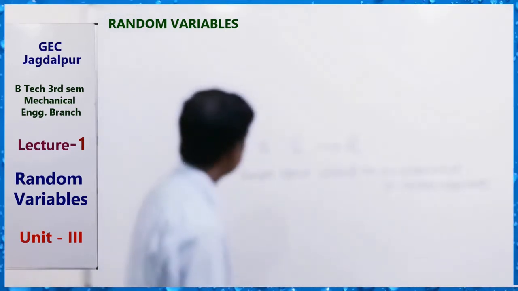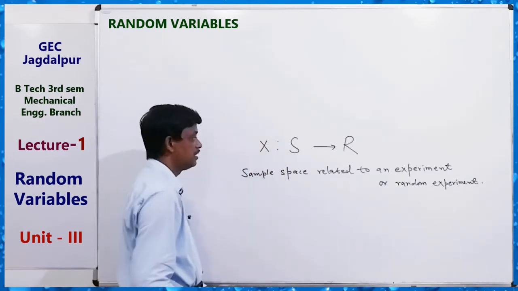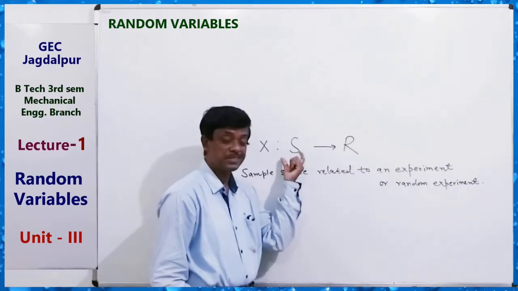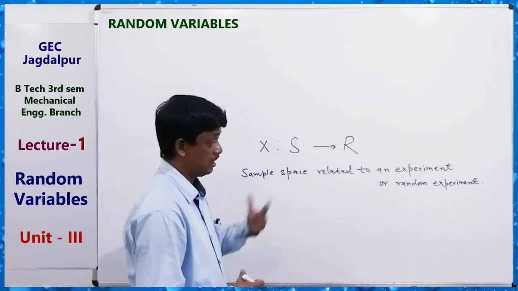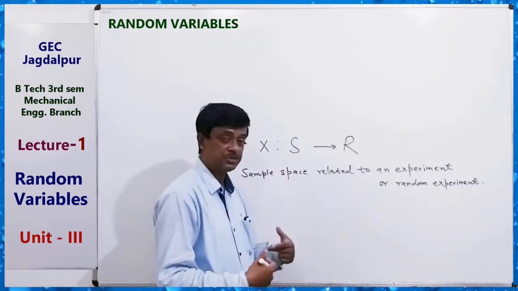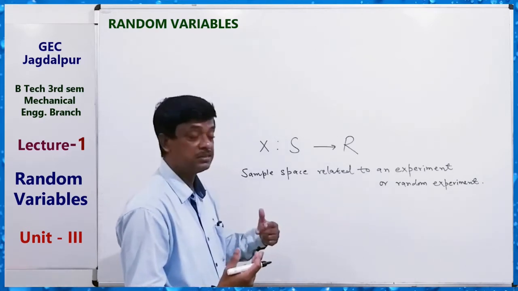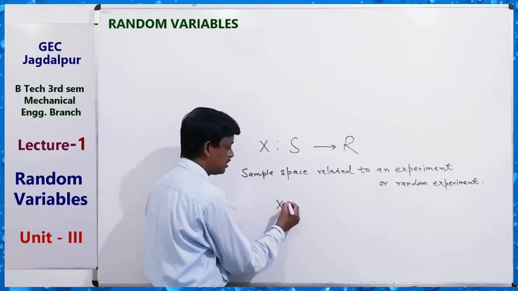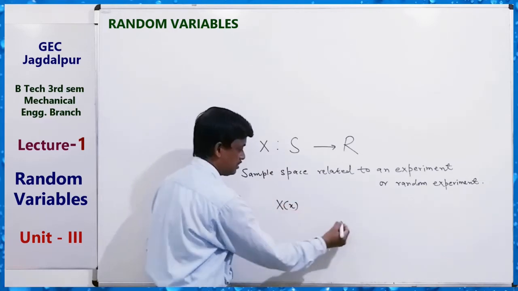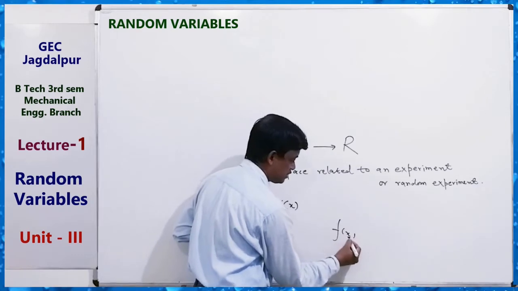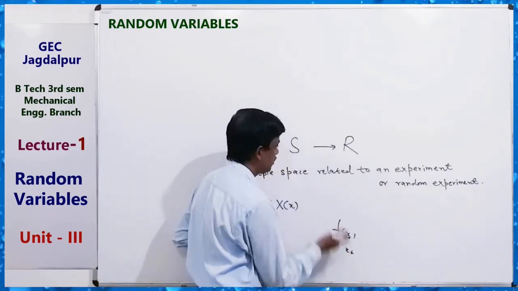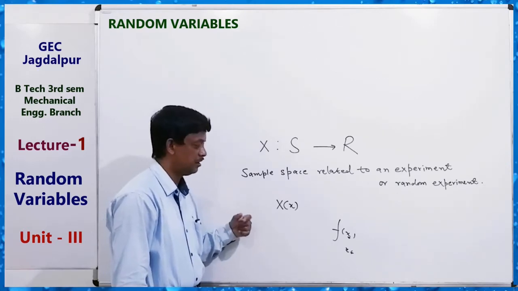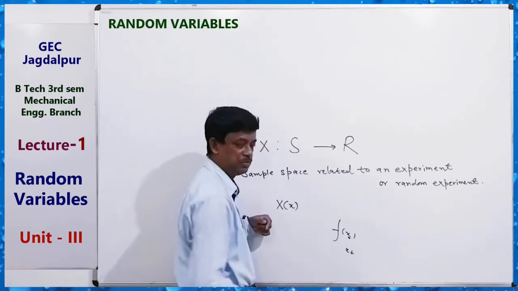So x is a real valued function whose domain is the sample space for a random experiment. Just like f(x), where x belongs to the domain, here the sample space.